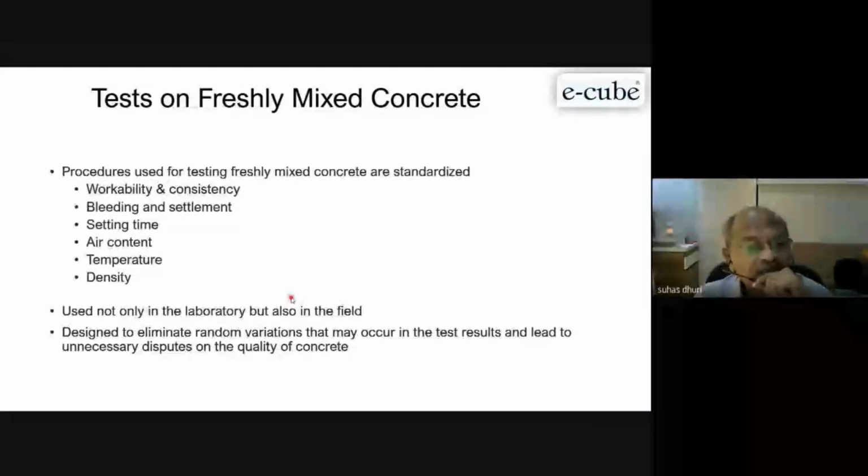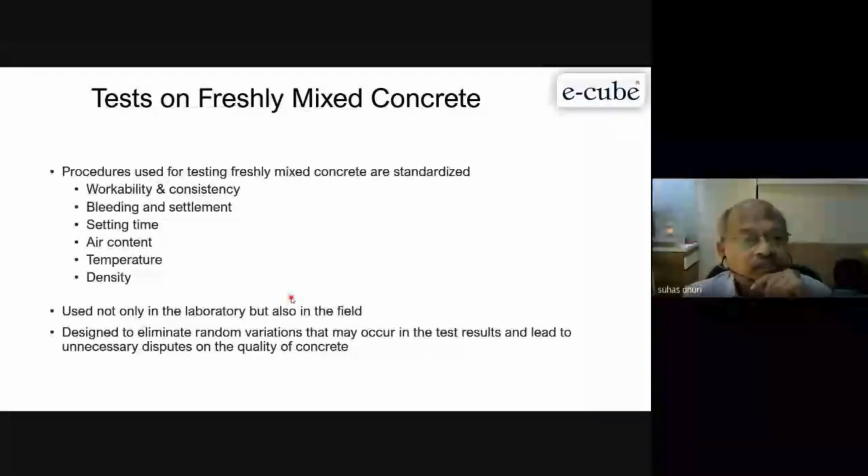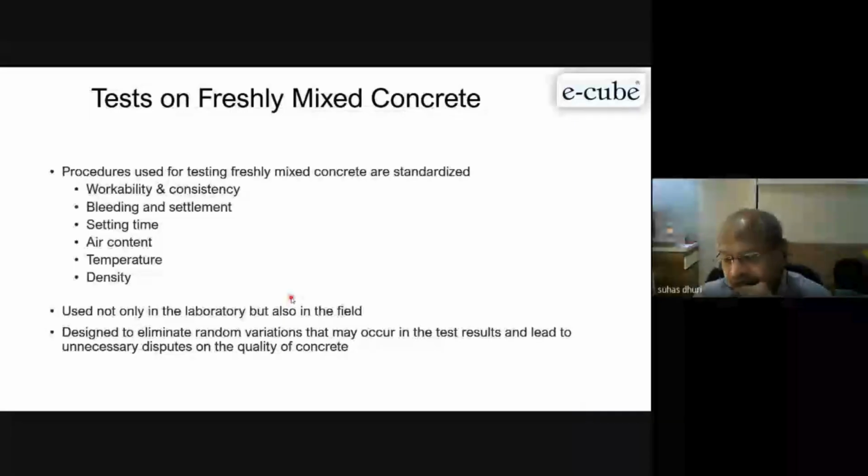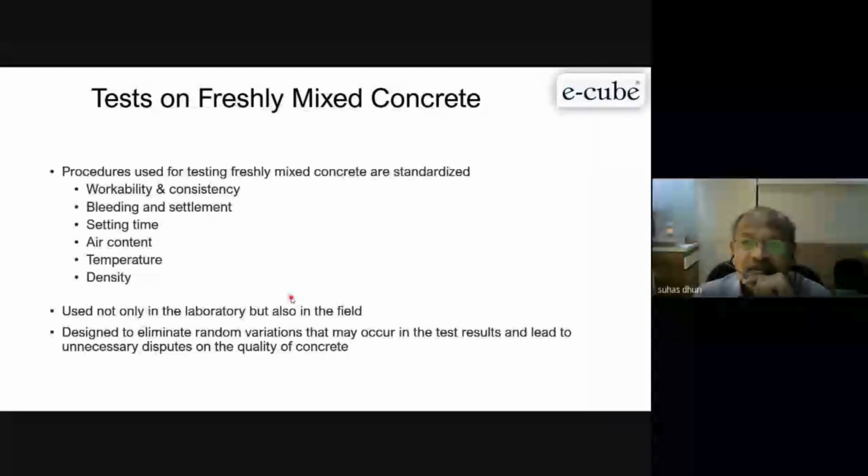So at a time, the raft concrete is in the tune of about 2000 to 4000 cubic meters. Now you can imagine, if you produce so much concrete at normal temperature, what will be the core temperature of that particular raft.